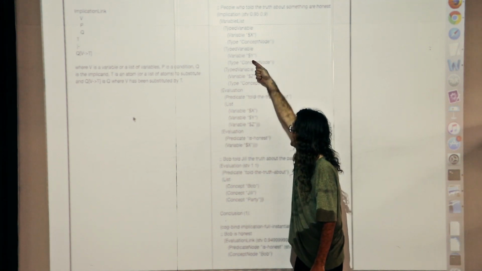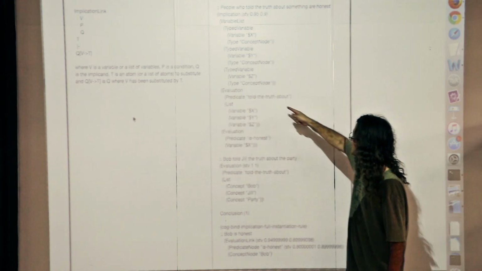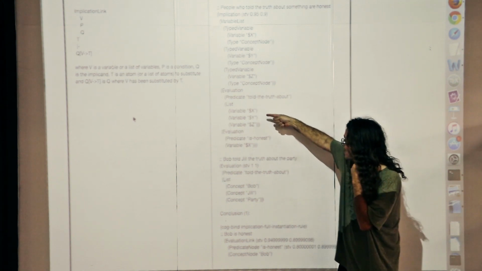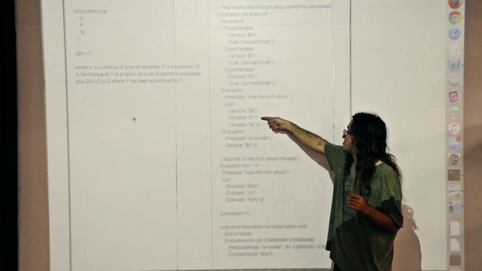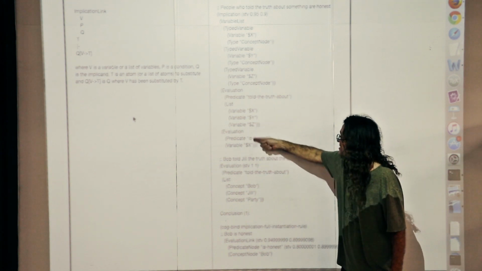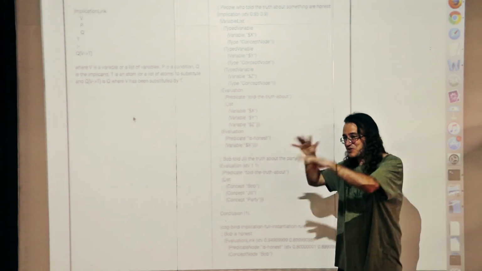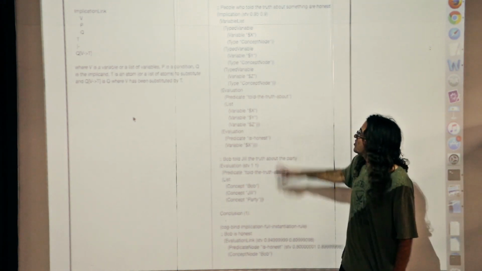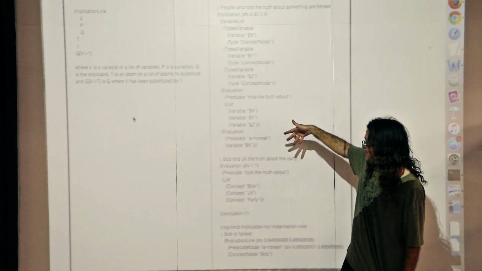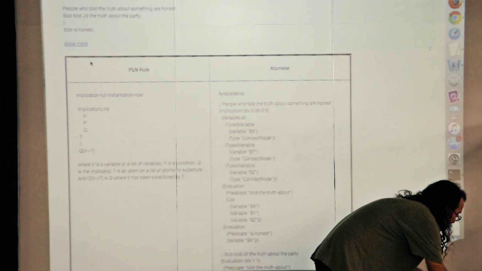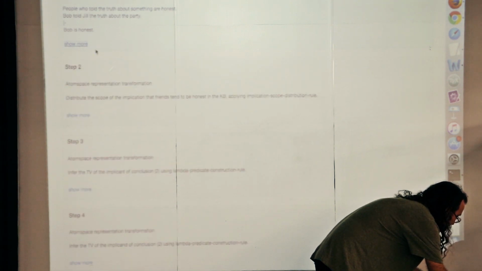Like, this is just saying what type the variable is. Evaluation told the truth about X, Y, Z. So it's if X told the truth to Y about Z, then honest applies to X and so forth. So it's just a bunch of formalism around the deduction rule. But on the other hand, the formalism takes a while to go through and creates some complexity for the AI also.